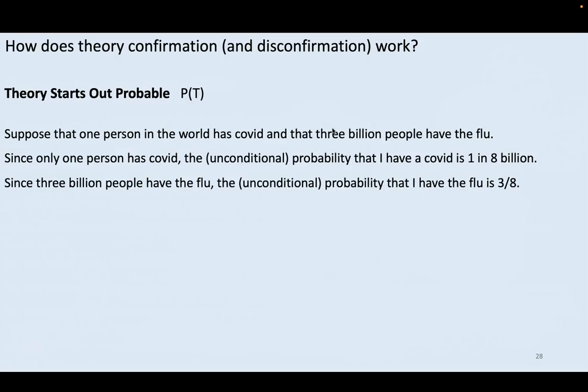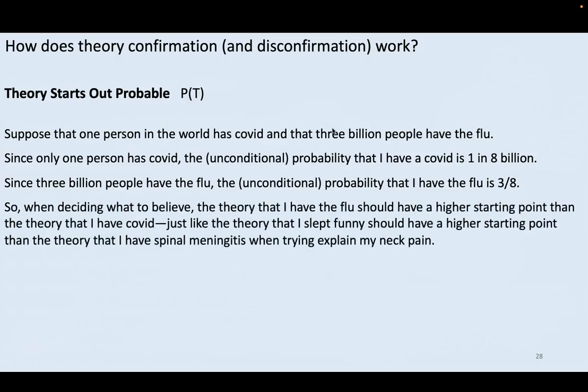Since 3 billion people have the flu, the probability that I have the flu, given no other evidence, is 3 out of 8. So when deciding what to believe, the theory that I have flu should have a much higher starting point. Correspondingly, it should take a lot of evidence to move me off the theory that I have flu, right? Off the theory that I have COVID.